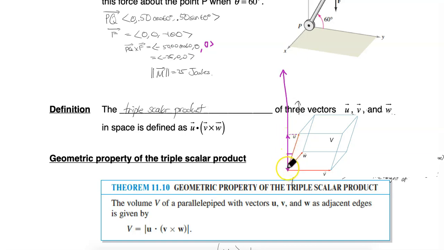And then if we multiply that with the magnitude of V cross W, which we saw is equal to the base, the projection is equal to the height, so we have base times height, and that yields the volume of the parallelepiped.